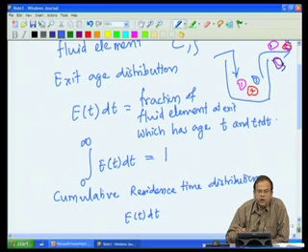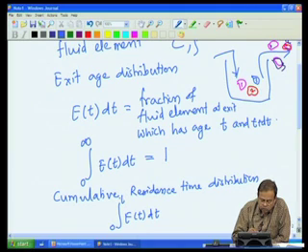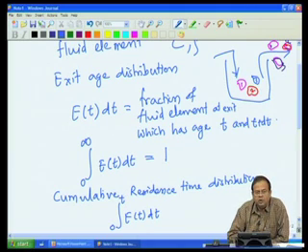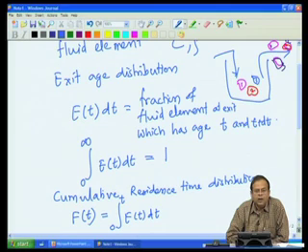and I want to find out the fraction of this fluid stream which has age less than or equal to some time t, then I will add up, or in the continuum domain integrate, all those times between t equal to 0 and t equal to time t. This will give me what I call the cumulative residence time distribution, which we denote by F of t.